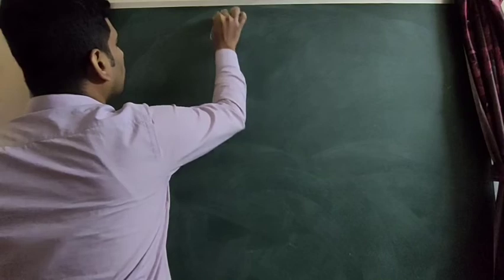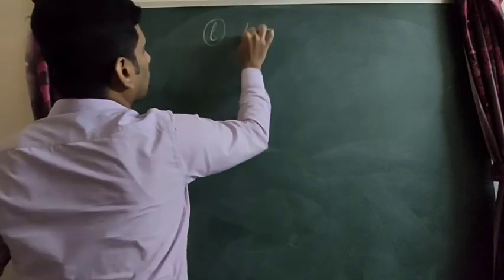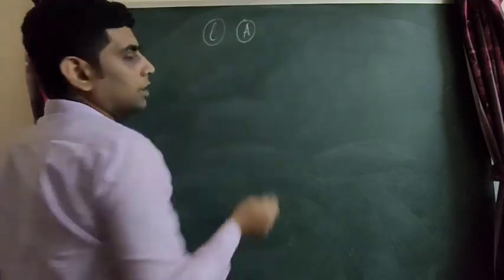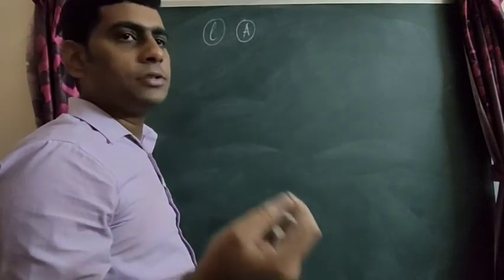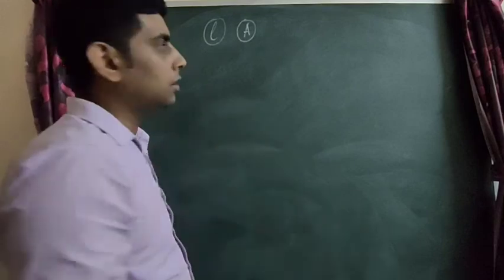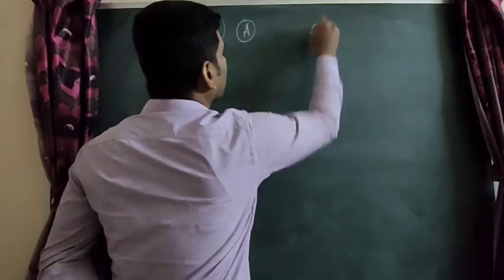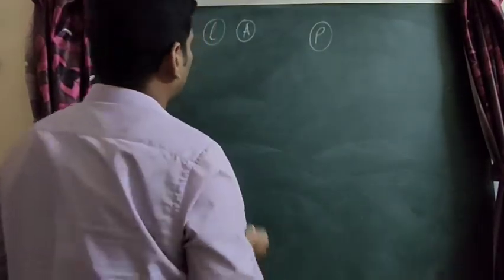Suppose the length is L and the area of cross section is A. As the material remains the same, the specific resistance or resistivity, which is a property of the material, remains constant whether you stretch it or contract it.